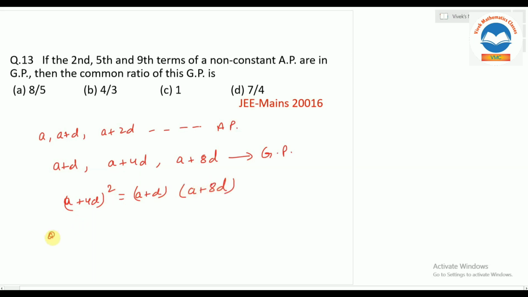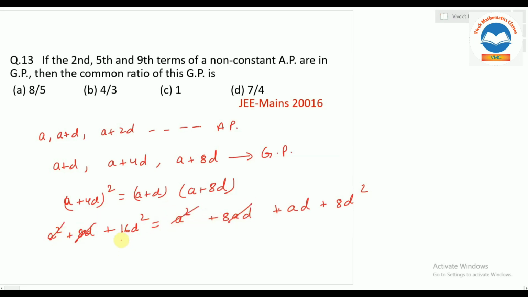Multiply this, here you will get A square plus 4 into 2, 8AD plus 16D square will be equal to A square plus 8AD plus AD plus 8D square. So this 8AD and 8AD will be cancelled out, and this A square also will be cancelled out.